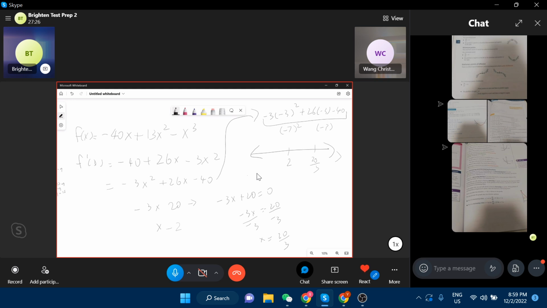Okay. So on the left of it, if we put 0, this would be negative here, because you'd get negative 40 if x is 0. Wait, I put 1. It shouldn't matter because you should still get negative on that side, right?